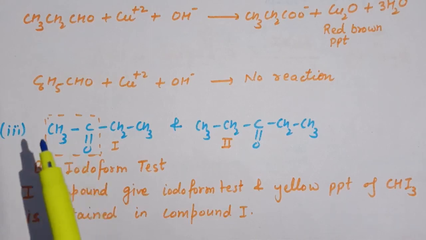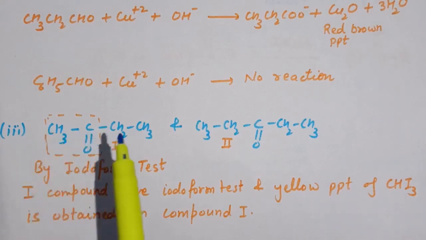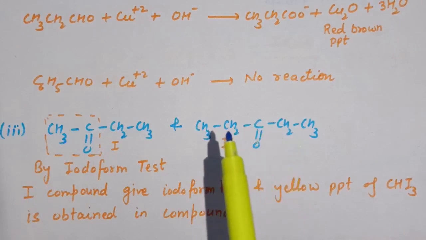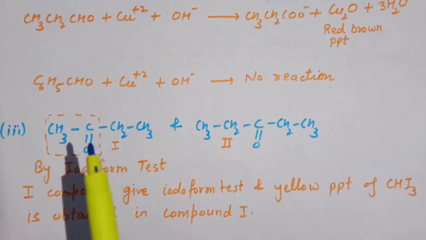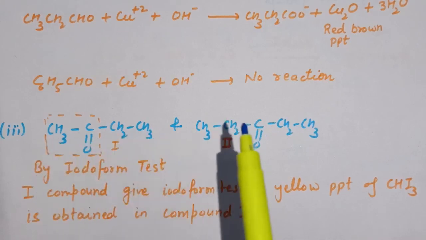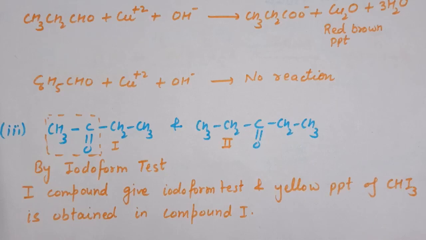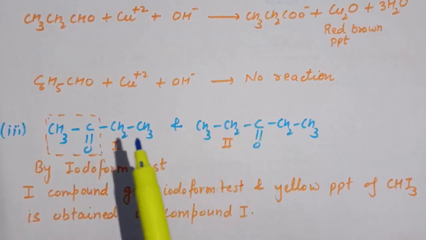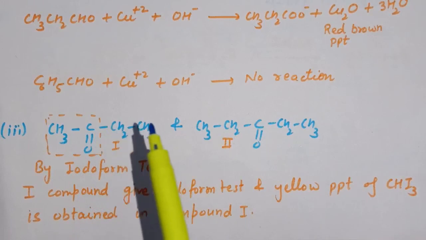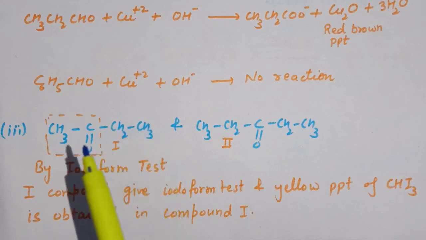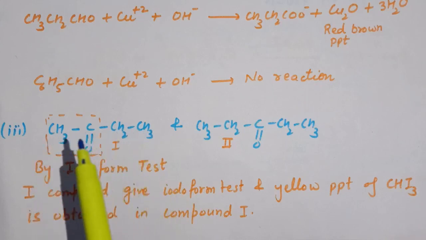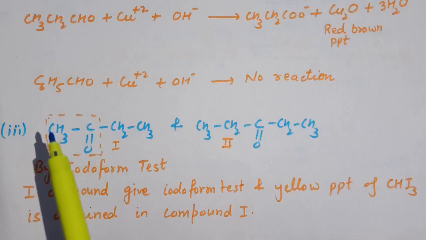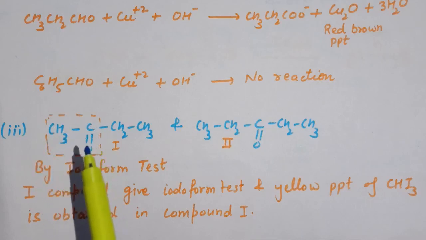Third is butan-2-one and pentan-3-one. So how to distinguish between butan-2-one and pentan-3-one? By the iodoform test we can distinguish between these two compounds. The first compound gives a positive iodoform test and a yellow precipitate of iodoform is obtained, because butan-2-one has CH3 attached to the carbonyl group, that is, it has a terminal COCH3 group.